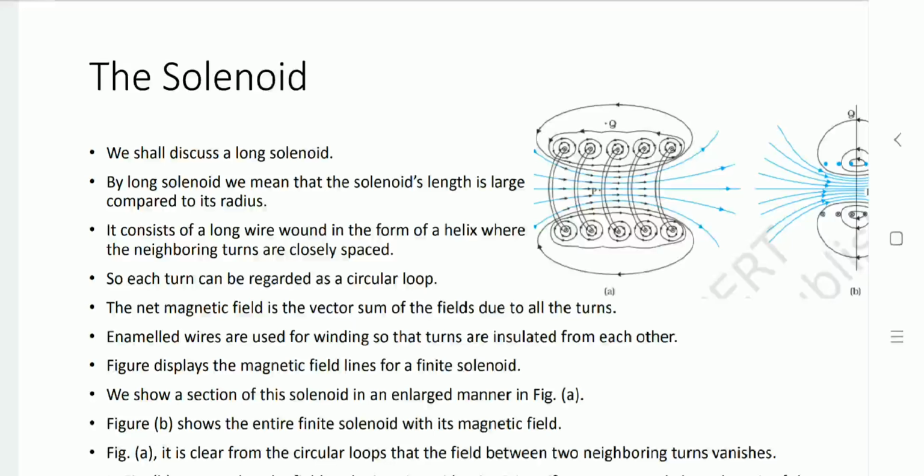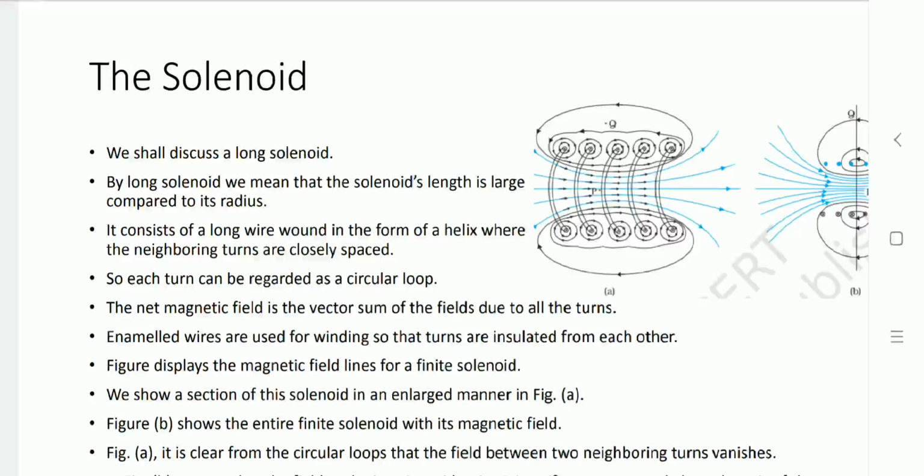Now by focusing on these diagrams, we can say from the circular loops that the field between two neighboring turns vanishes. I repeat, between two circular paths, the field is not available as we are using enameled wires. So the effect between these two turns is not present.